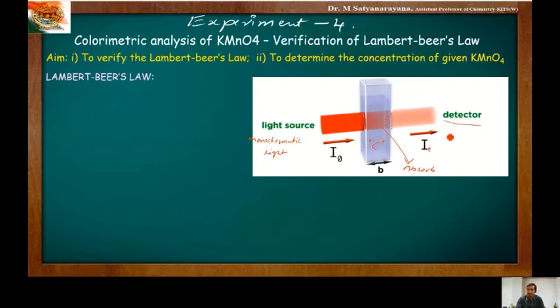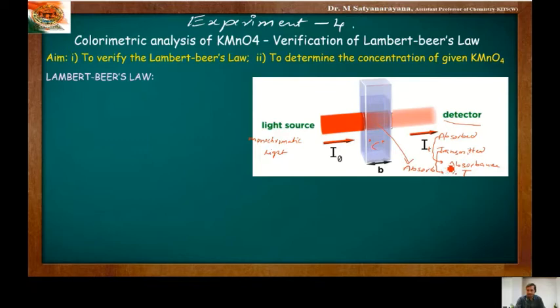Here the detector will give the information about how much light is absorbed and how much light is transmitted. The absorbed light is given by a parameter called absorbance, and the transmitted light is given as percentage of transmittance.